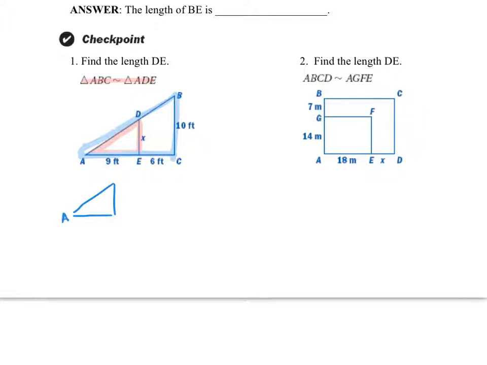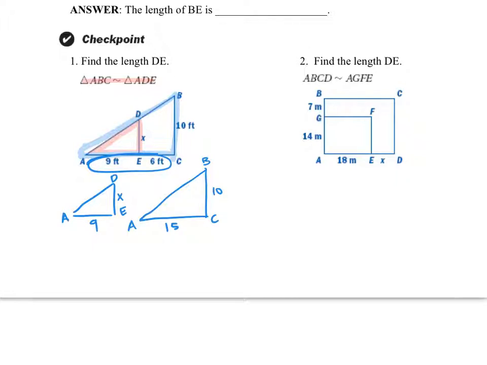So this is ADE, and this is 9, and this is X. And then we have the bigger triangle, which is ABC. This is 10. This side length is 15, because again, we are combining the 9 and the 6 to get that full side length.